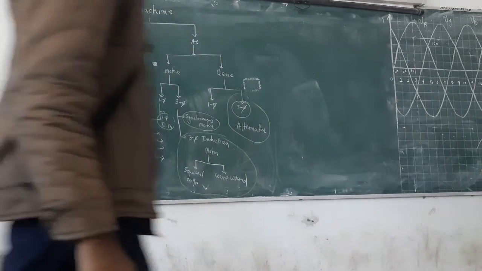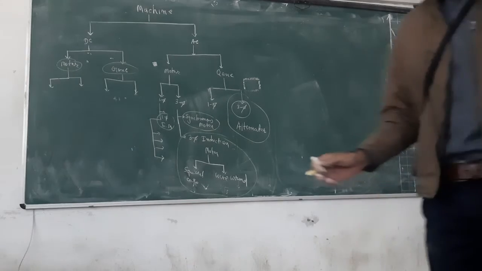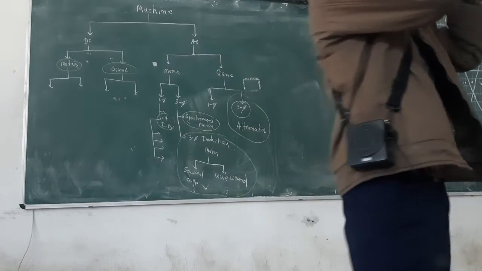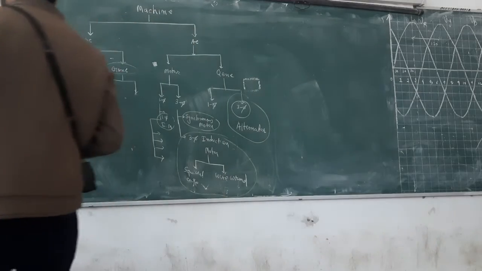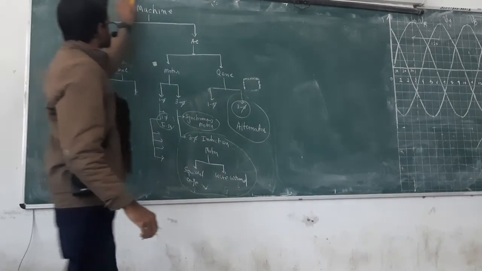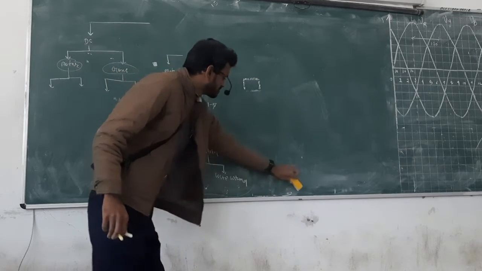So we are going to study all these machines step by step. Alright. Okay, so let's start first with the three-phase induction motor. Now recall the concept of rotating magnetic field. Do you recall that concept? Rotating magnetic field. What is the full form?